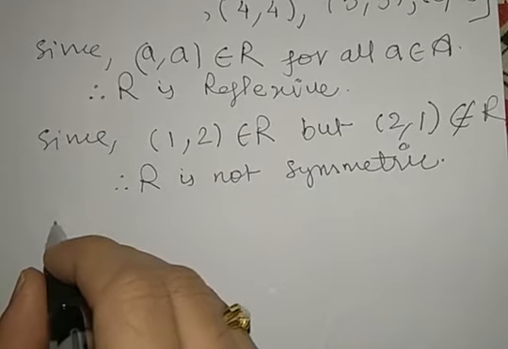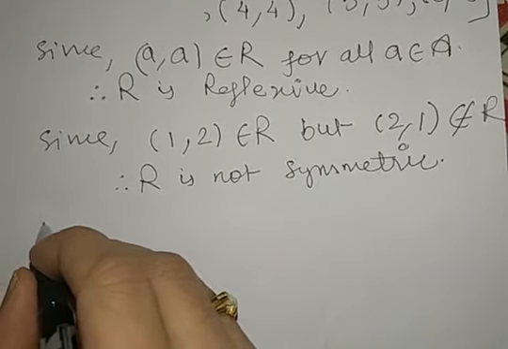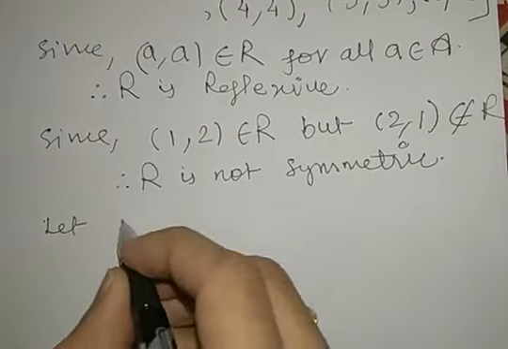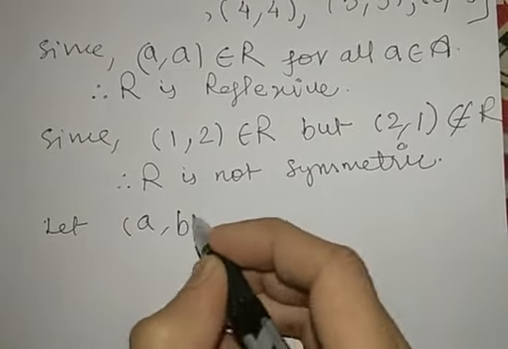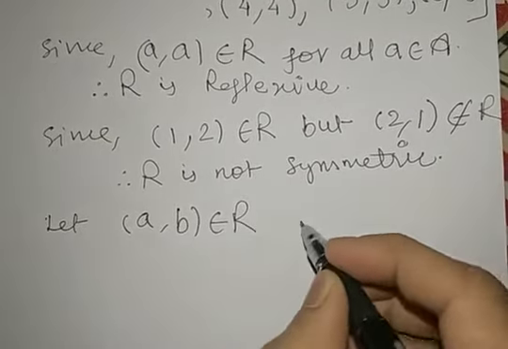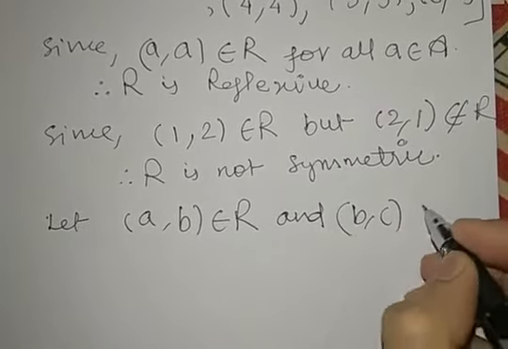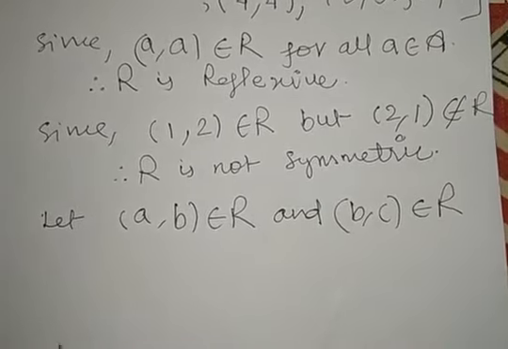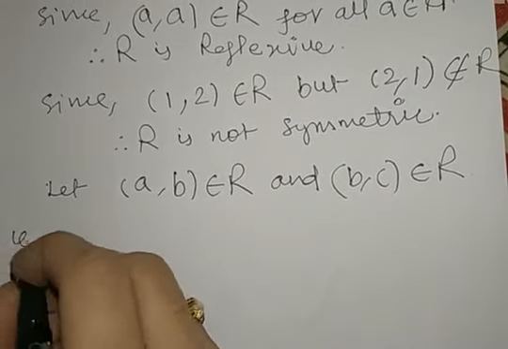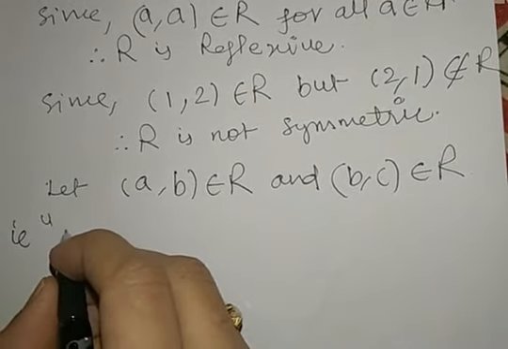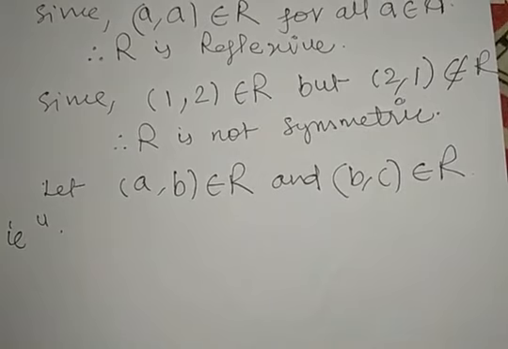So what you do is you take, let A comma B belong to R, and B comma C belong to R. That is, A is divisible by B, that is the relation.